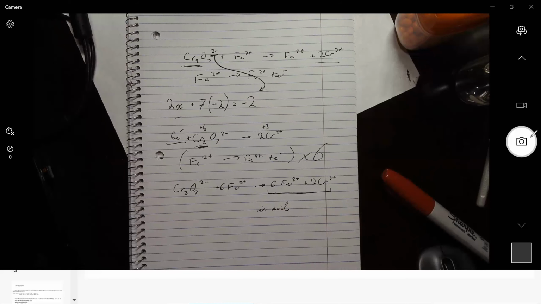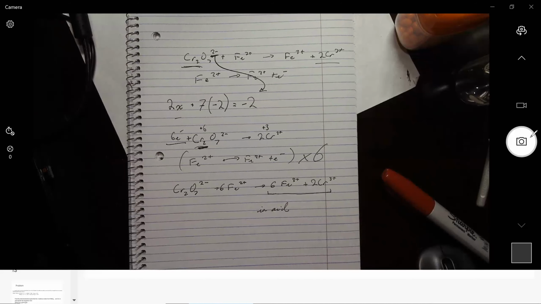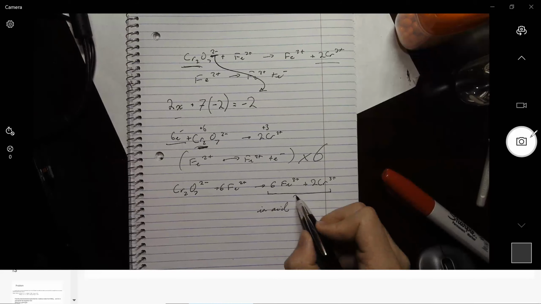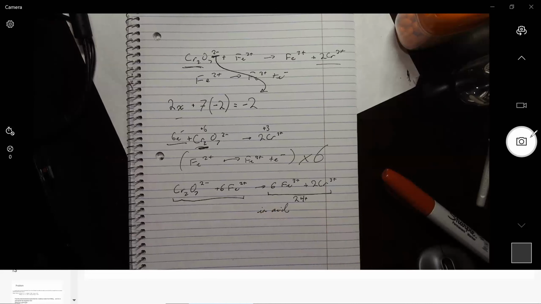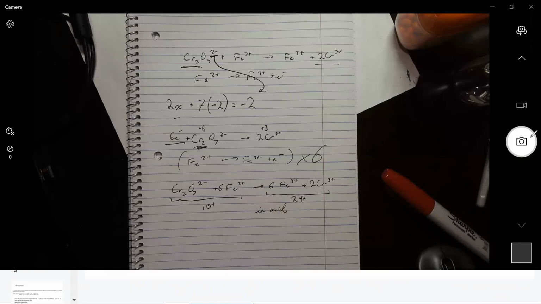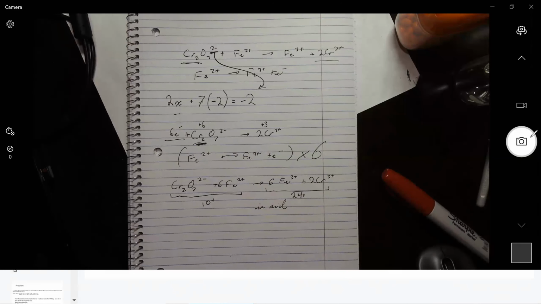We have 6 times 3 and 2 times 3. Let me make sure that's right. 18 plus 6, it's 24, right? So 24. And what about on this side? Great, 10 plus. Now we need to balance the charges. So what should we do? Remember, we're in acid, so.